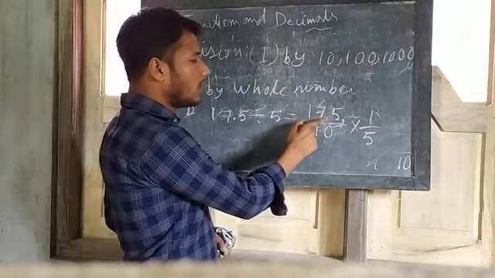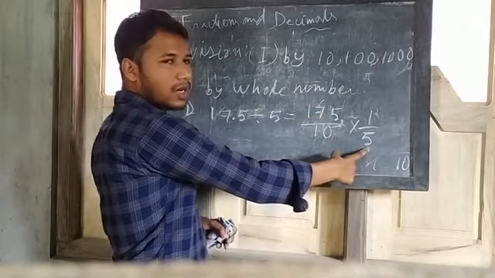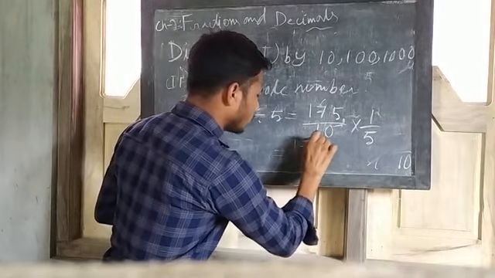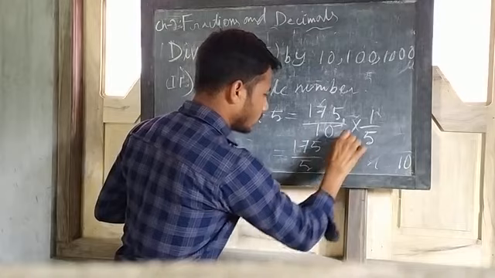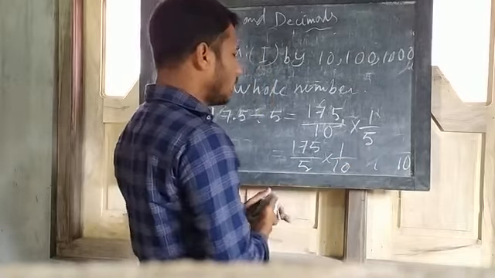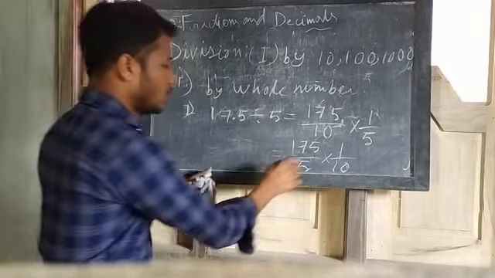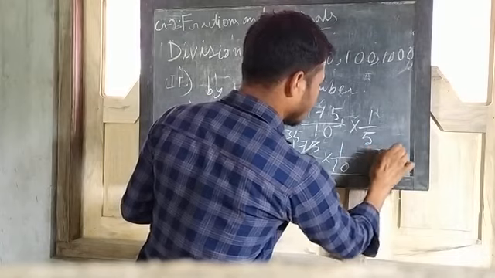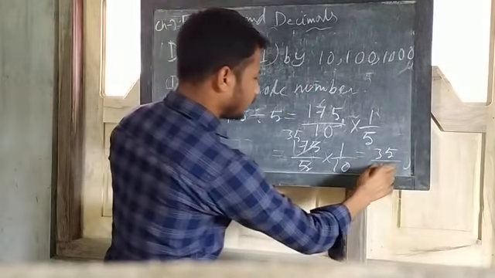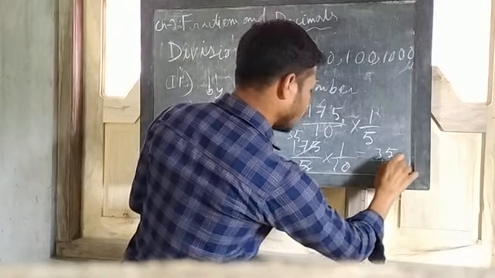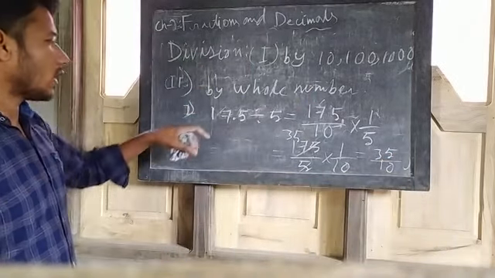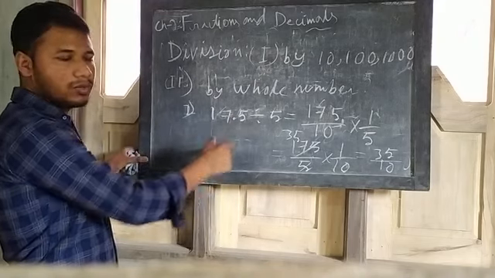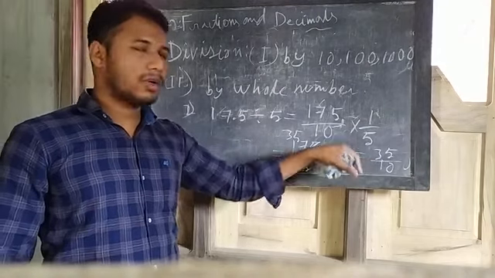So first we have to divide this number by this whole number 5, then we have to divide by 10. So similarly here we divide 175 by 5, that is 35, by 10. So the answer will be 3.5. So like this, by whole number, first we have to divide this number by this whole number, then we have to divide by 10, that means we have to put the decimal point.